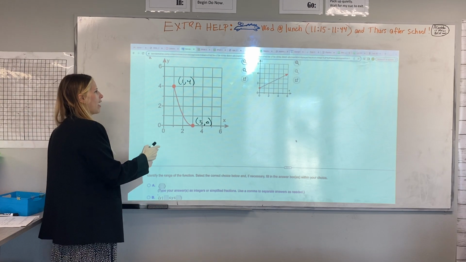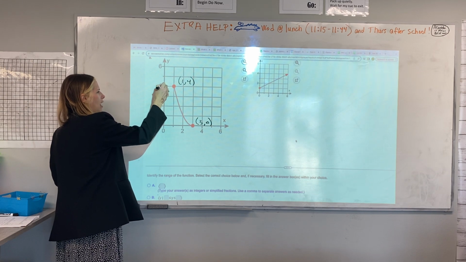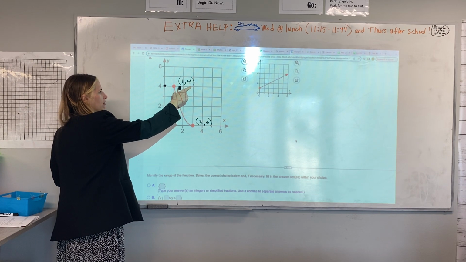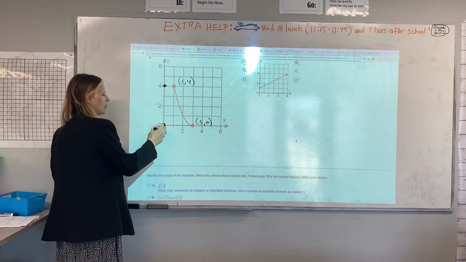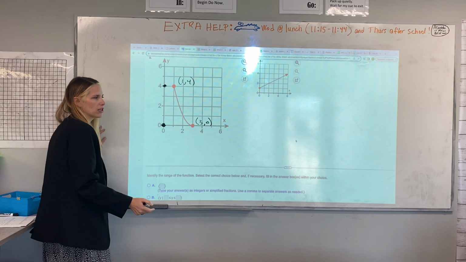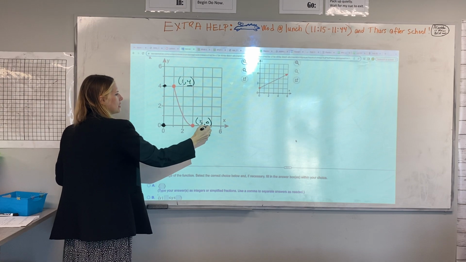So notice where it hits up here happens to be our y-coordinate, 4. Where it hits down here happens to be our y-coordinate on the low point, 0. So we have between 0 and 4.